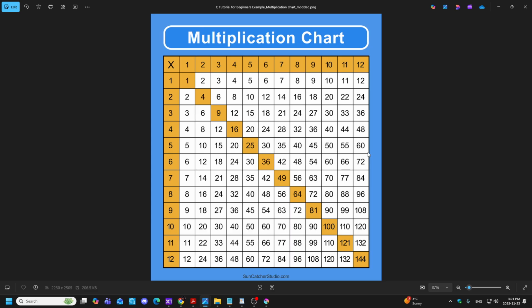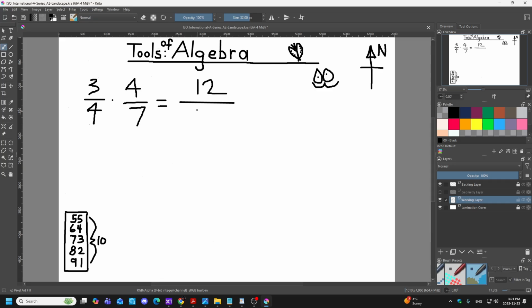Now, factoring sounds like a big word, but really all factoring is taking a whole number, for example this whole number 12, and turning it into two numbers.